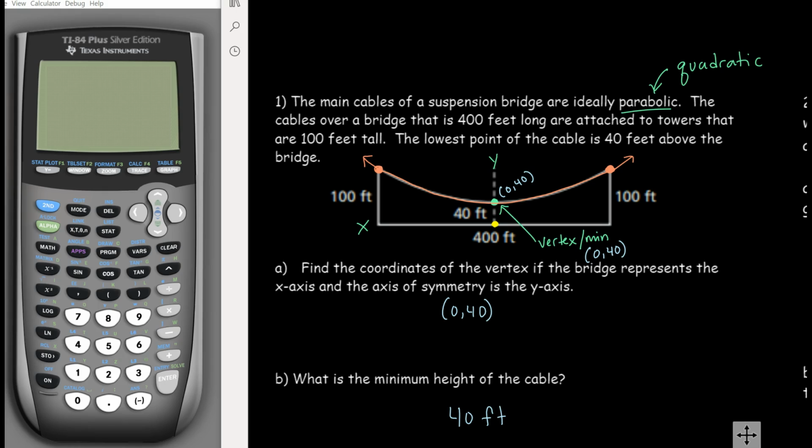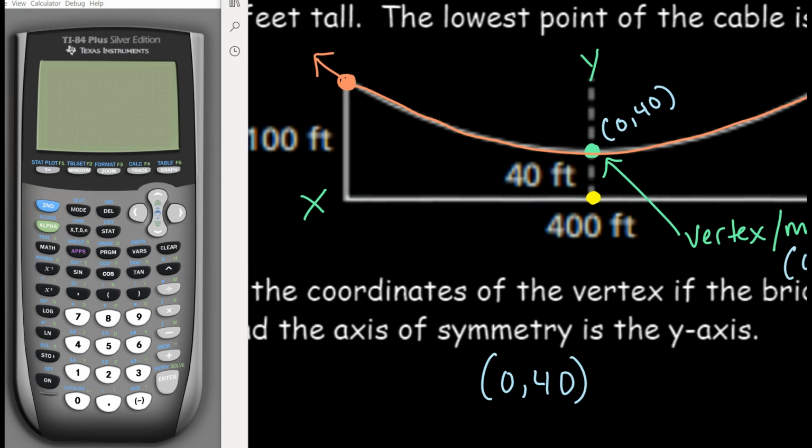So if we know that the bottom x-axis there is 400 feet, how far is it going from the middle to one of the edges, to one of the towers? If the whole thing is 400, half of it is 200 each. Now, if this is 0, 0 in the middle, and I'm going 200 to the left, what is that x value right there? Negative 200.